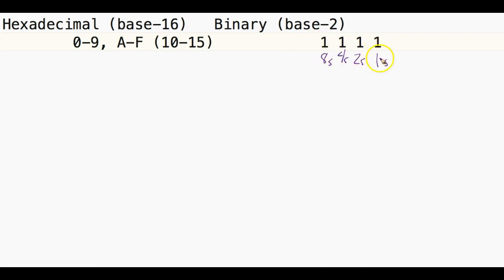If I were to add one more, I would get to the 16's place. So if you subtract 1 from the 16, you're left with 15. 8 plus 4 plus 2 plus 1. So 15 perfectly fills 4 digits of binary.